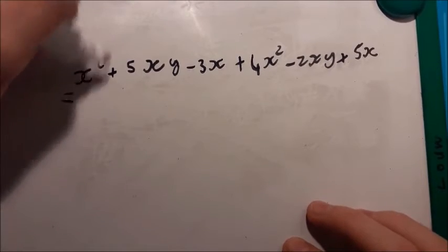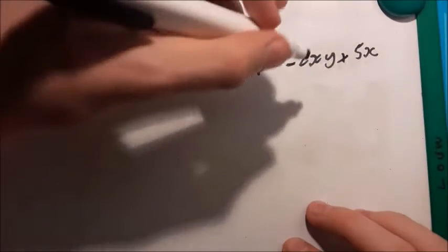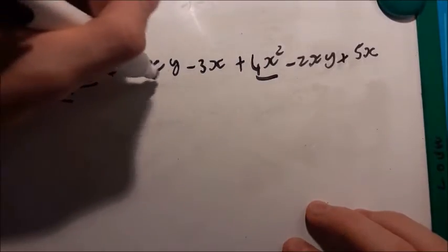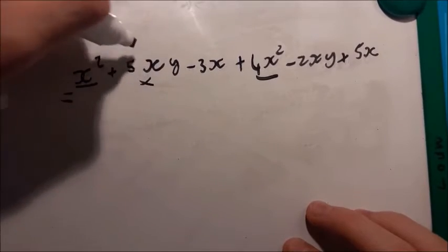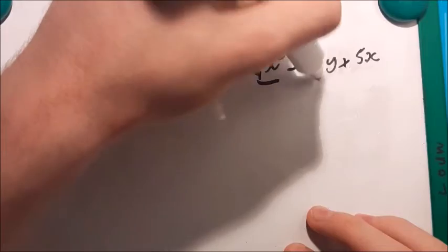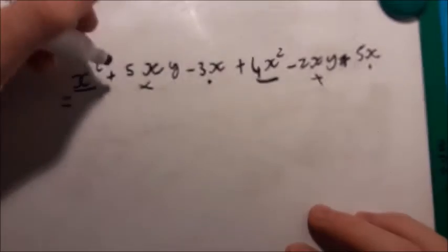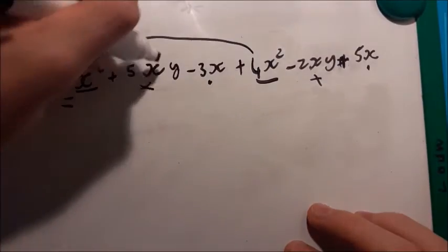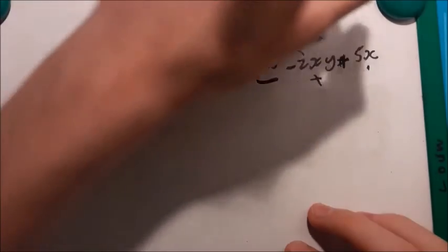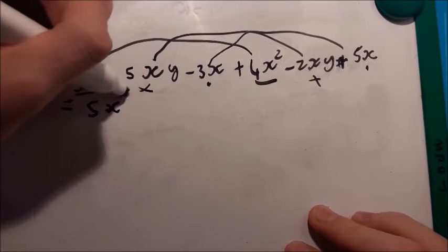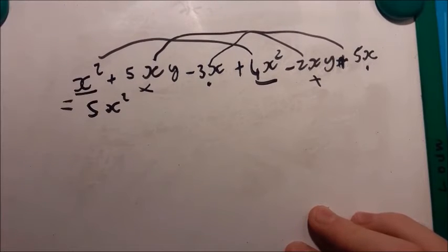Okay, so we have x squared, and then we have 4x squared, and those are like terms, and then we have 5xy and negative 2xy, also like terms, and then we have negative 3x and positive 5x. Now obviously we can add all these like terms together. x squared plus 4x squared is 5x squared, because remember, there's a 1 in front of it.